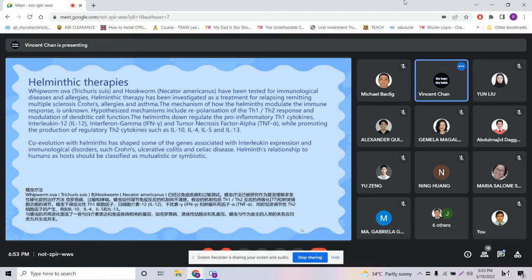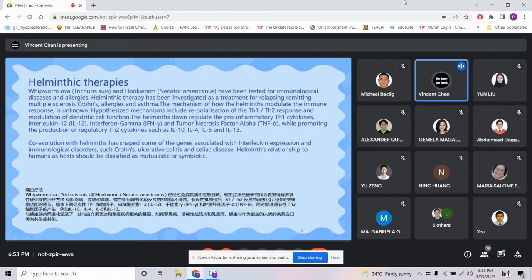The helminths regulate the pro-inflammatory cytokines interleukin 12, IL-12, interferon gamma, IFN-gamma, and tumor necrosis factor alpha, while promoting the production of regulatory Th2 cytokines such as IL-10, IL-4, IL-5, and IL-13.